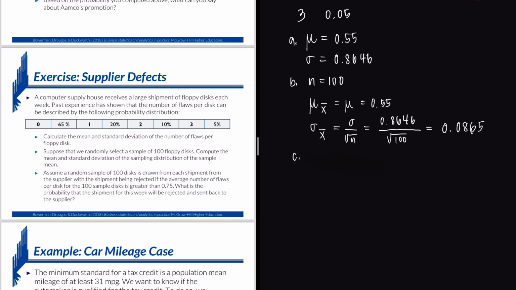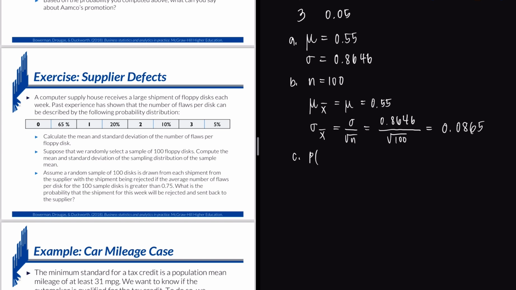Now for the third part of the problem, assume a random sample of 100 discs is drawn from each shipment from the supplier, with the shipment being rejected if the average number of flaws per disc for the 100 sample discs is greater than 0.75. What is the probability that the shipment for this week will be rejected and sent back to the supplier?